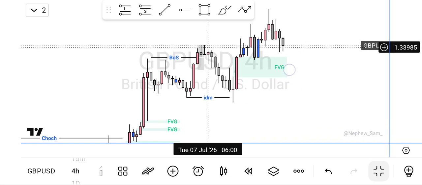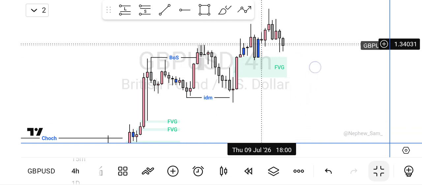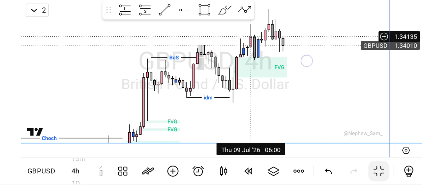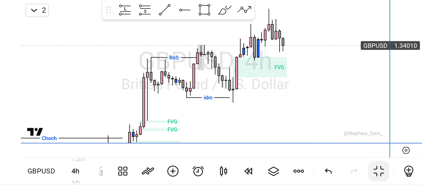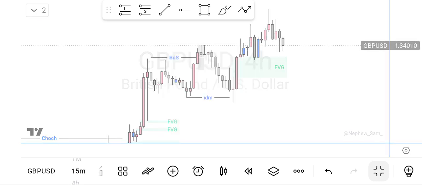I took a sell here, I lost a sell trade here, and then I took another sell here yesterday. So now let's go to the 15 minutes to see how I took those sell trades.